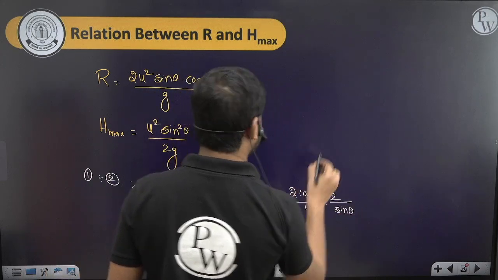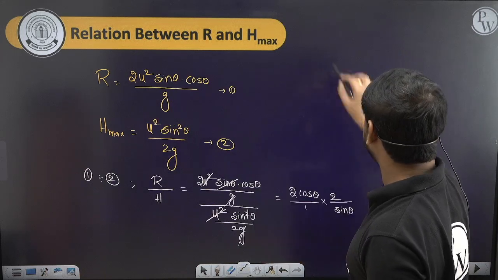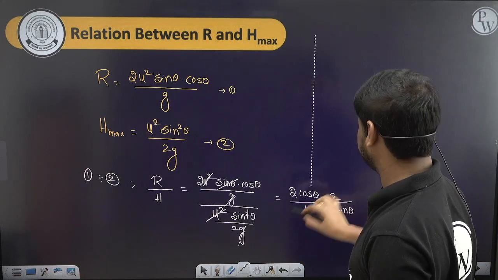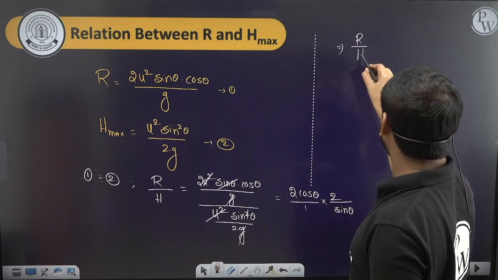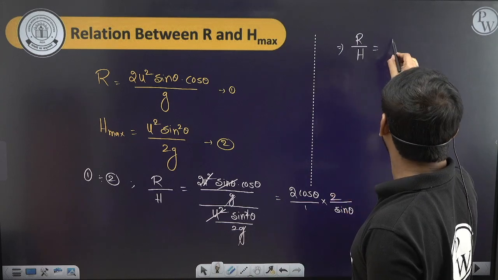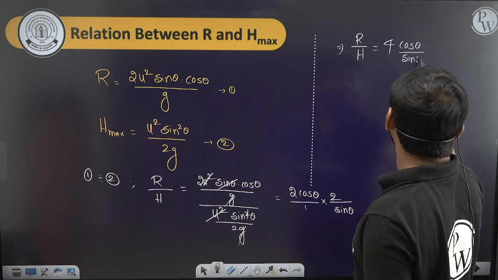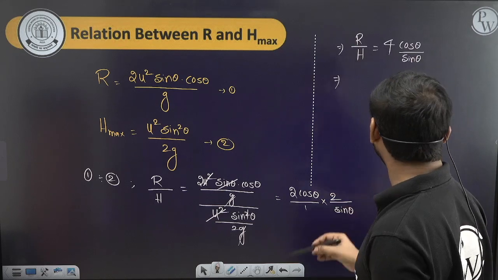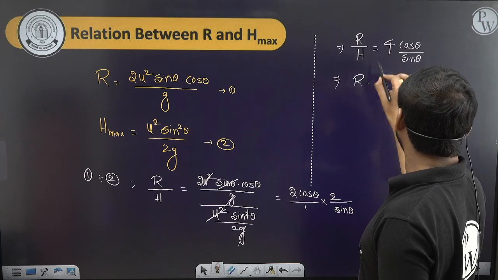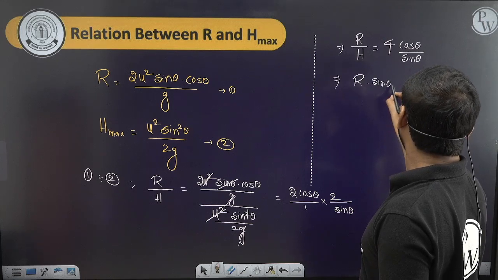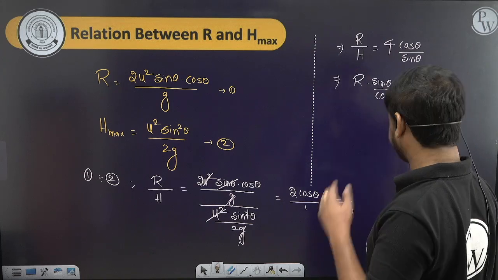So then I can write r by h is equal to 2 into 2, 4 cos theta by sin theta, right? So from here I can write, let's send this sin theta and cos theta to this side, which is equal to 4h, okay?